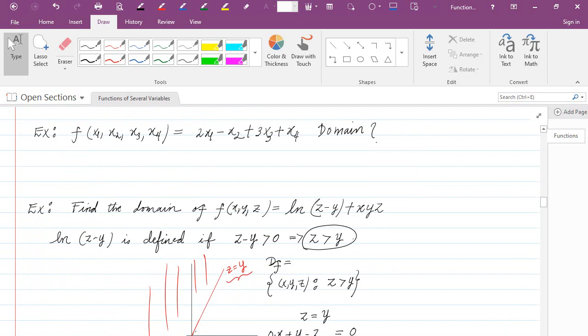Here we have a function of 4 variables where f of x1, x2, x3, x4 is equal to 2x1 minus x2 plus 3x3 plus x4.